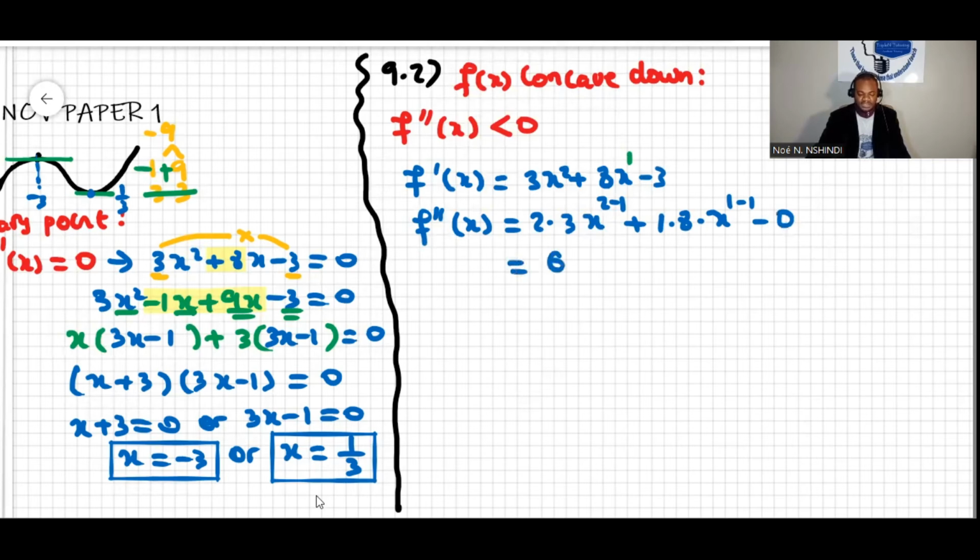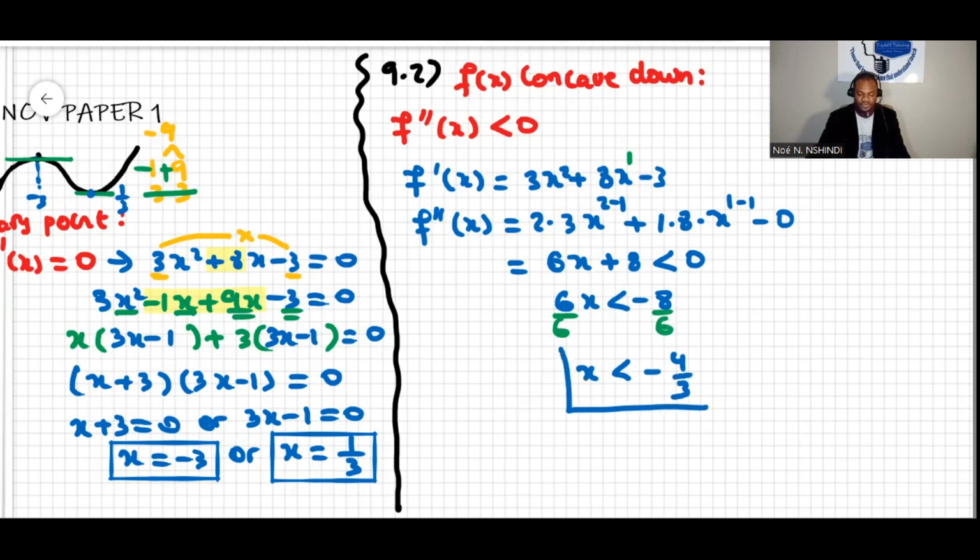So now this makes 6x plus 8 because x to the power of 0 is 1. Now we are going to set this less than 0 because concave down. Okay, so now we're going to move the 8 over, that makes negative 8, and then to find x, I can just divide by 6 both sides. Now we got x must be less than negative 4 over 3 when we simplify the fraction.